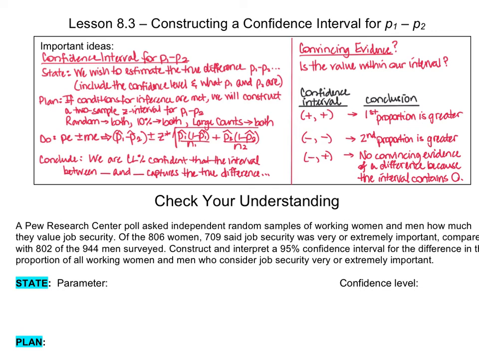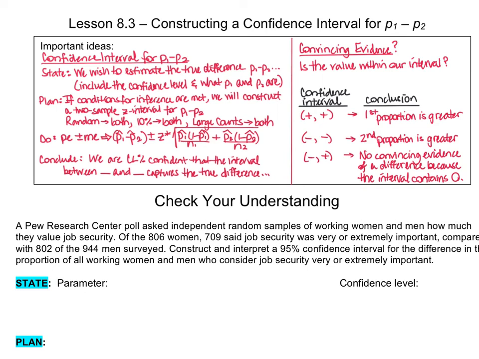When our interval is two positive numbers, plus, comma, plus, that means that the first proportion was greater, the one that we're subtracting from, and we ended up with two positive values when we add and then subtract, or subtract and then add. That means that 0 is not within our interval. So we do have convincing evidence that there's a difference. It's a positive difference.